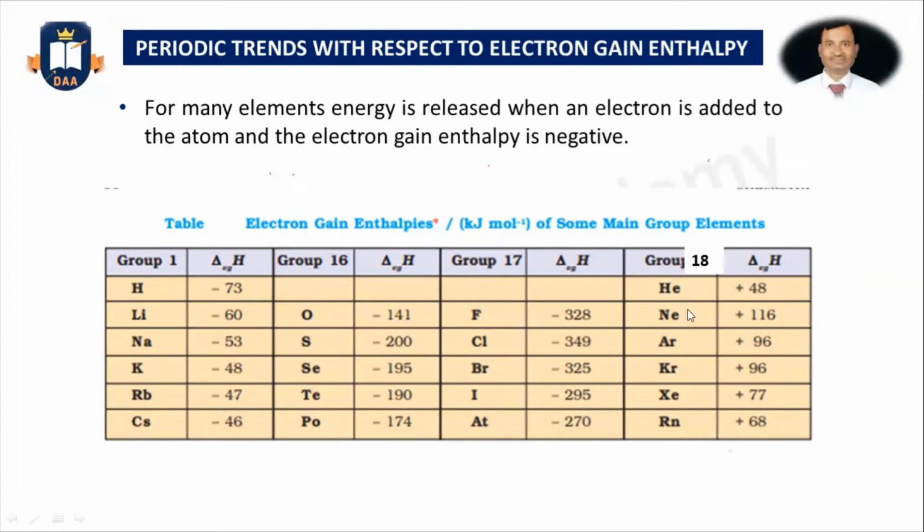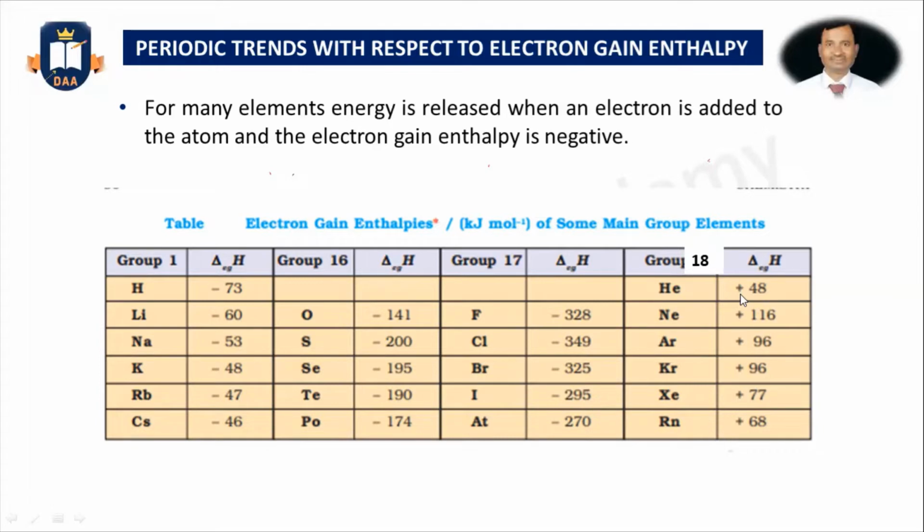But for group number 18, the noble gases, for example helium, you can see plus 48. Why plus? Because plus means to add the electron to this helium atom in gaseous form, it needs energy.